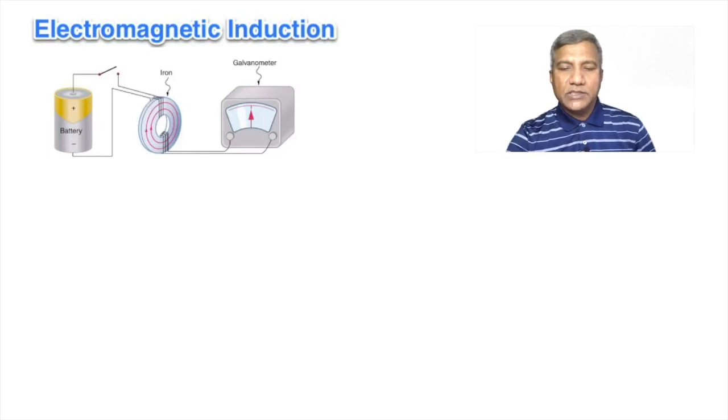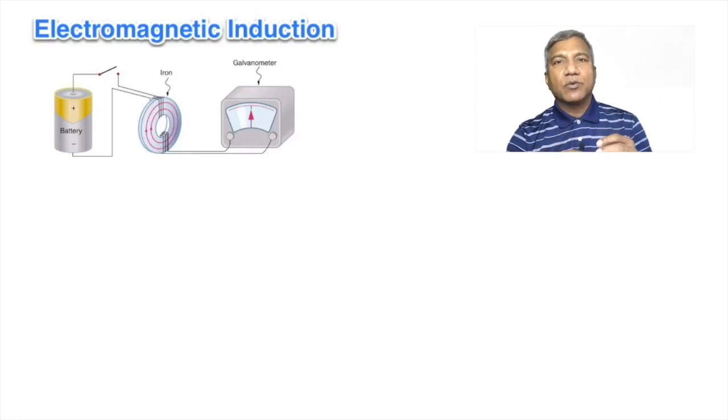When the switch is closed, current begins to flow through the top coil, but that current increases from zero to a maximum, which means that it produces an increasing magnetic field, because the strength of the magnetic field depends on the strength of the current.